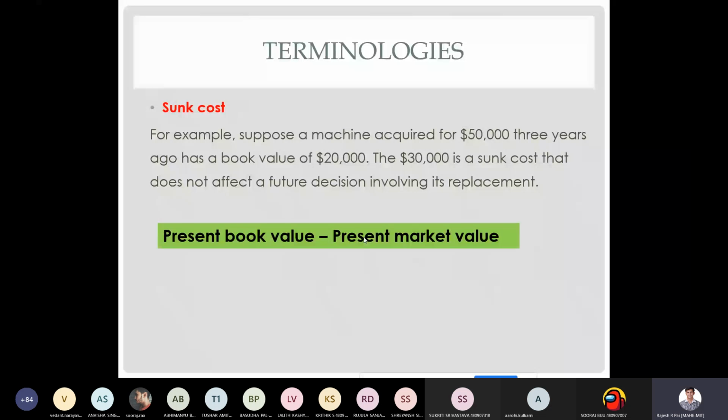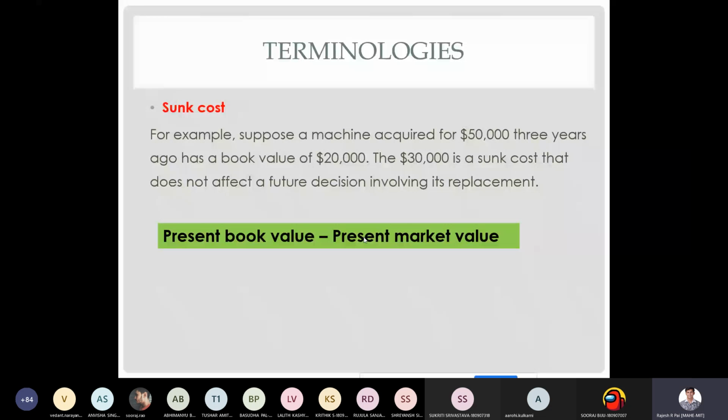Okay, so sunk cost is nothing but the present book value minus the market value. Now, book value is nothing but every year the organization will estimate the value of the asset and write that value in the book of account. Whereas market value is the value of the same equipment in the market.